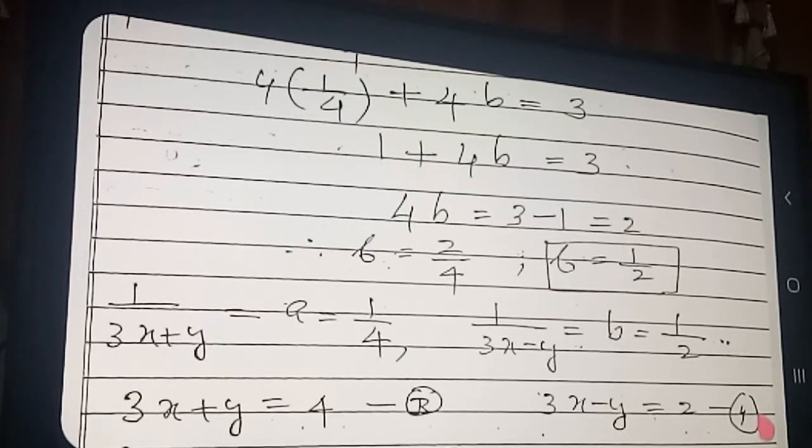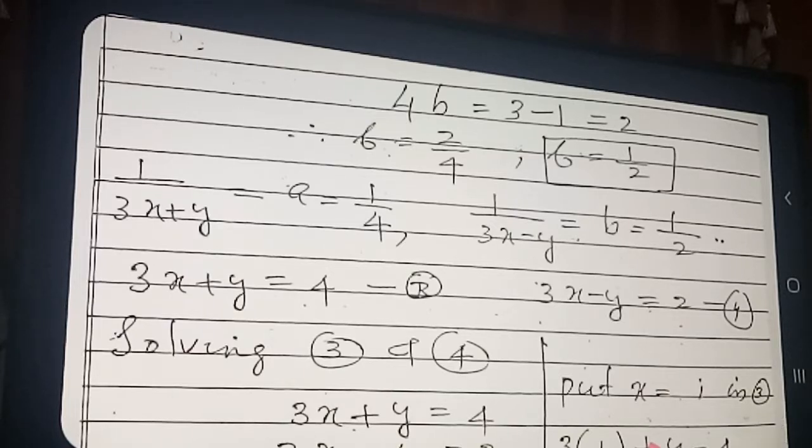Okay. Now how many equations you got? You got the equations 3 and 4. Solving 3 and 4, you will get the value of x and y. Okay. Solve the equations 3 and 4.